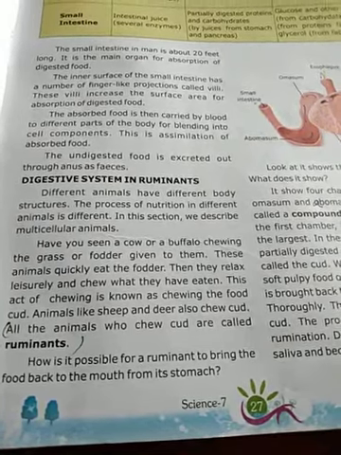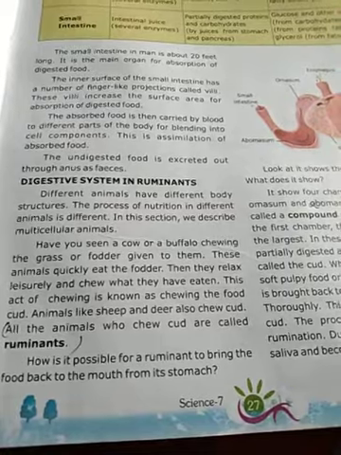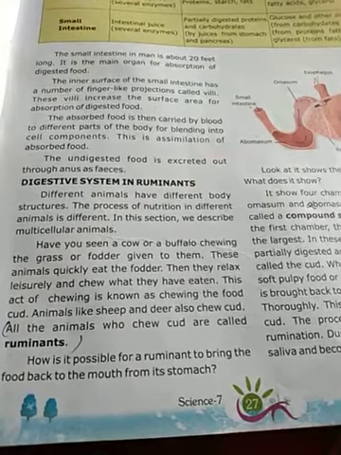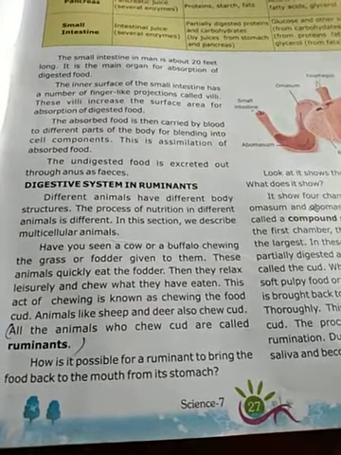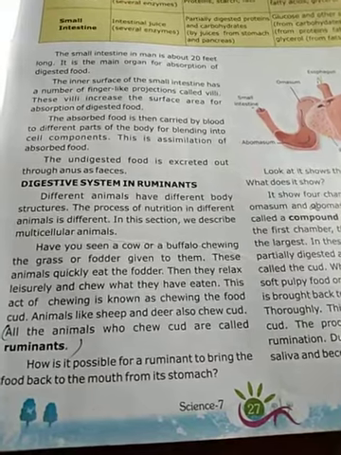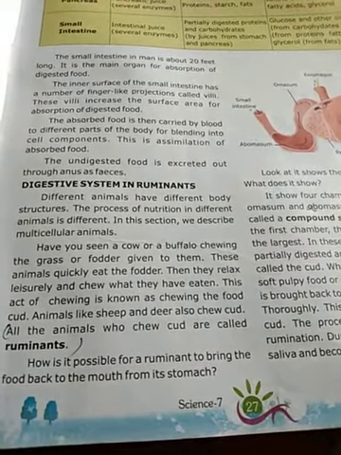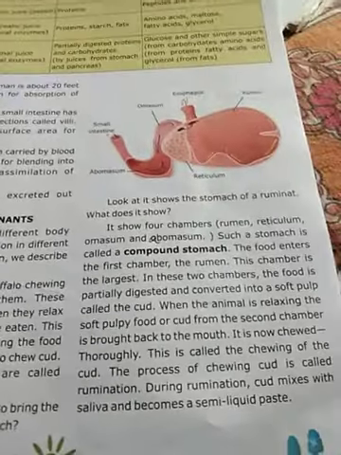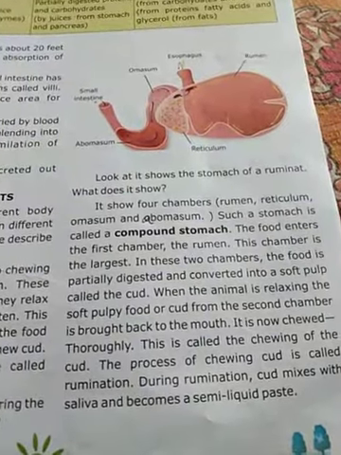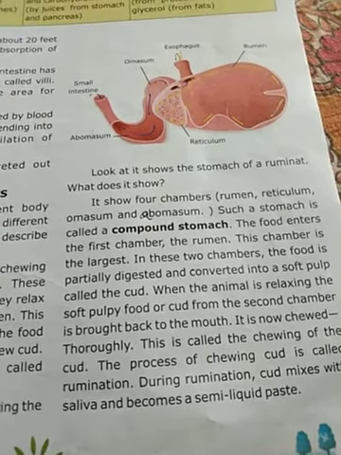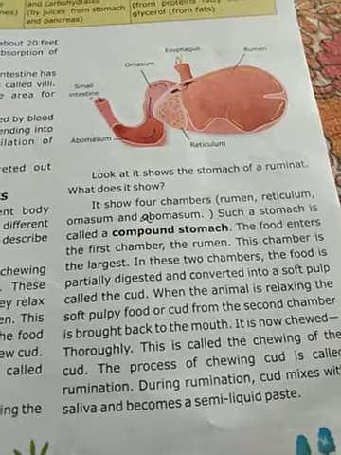How is it possible for a ruminant to bring the food back to the mouth from its stomach? It is very interesting how they bring their food back to their mouth. Now see, ruminants have 4 chambers in their stomach.